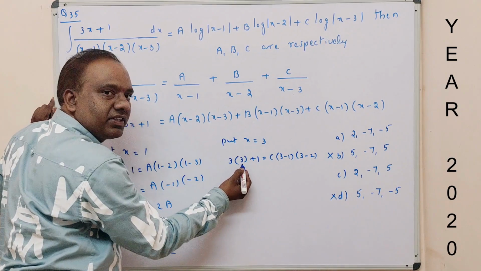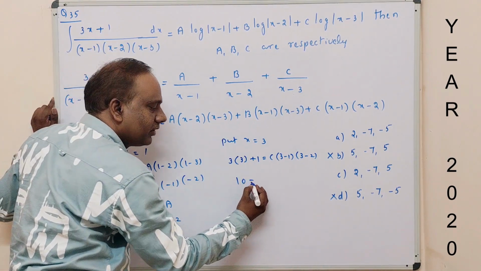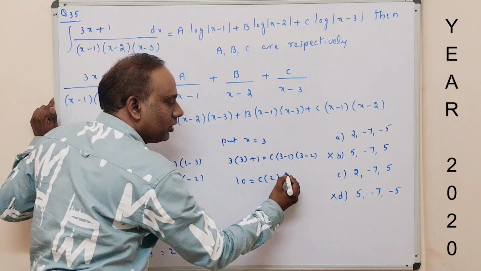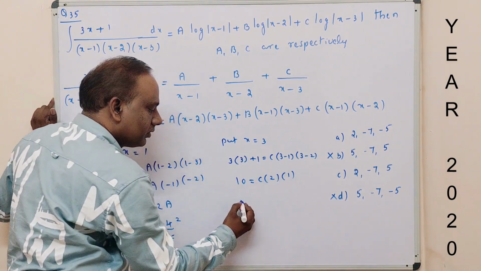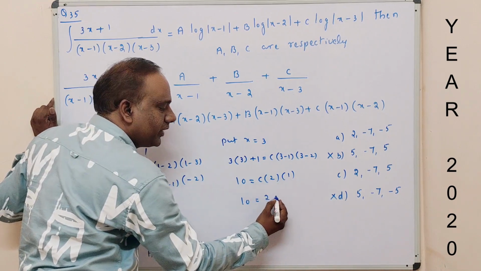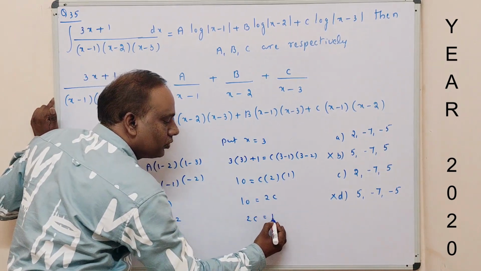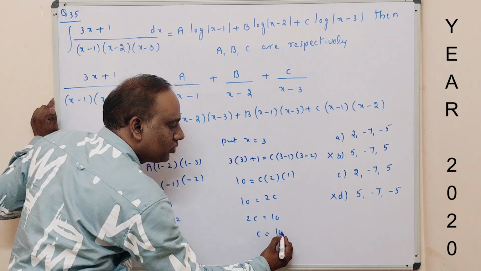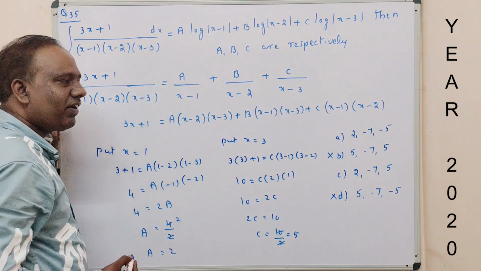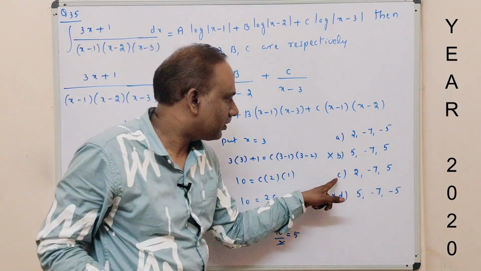So 3 3s are 9, 9 plus 1 is 10, is equal to c into 3 minus 1 is 2 and 3 minus 2 is 1. So 10 is equal to 2 1s are 2, 2 into c is 2c. So 2c is equal to 10 means c is equal to 10 by 2, which is 5. So the c value is 5.